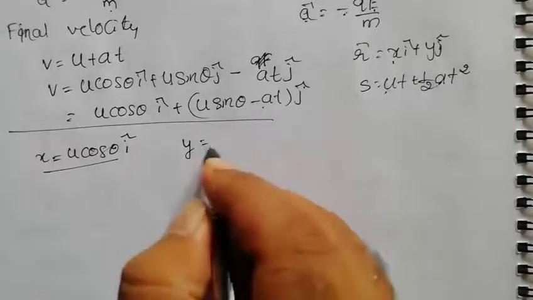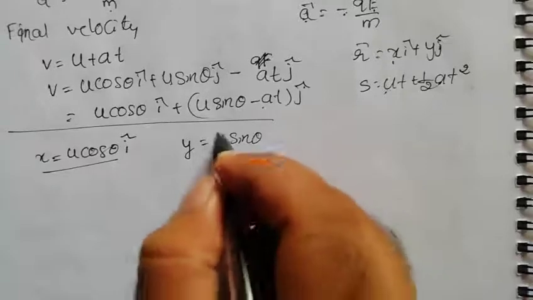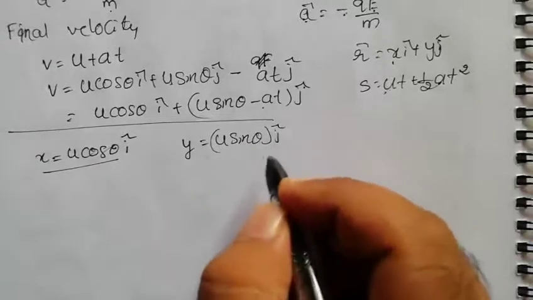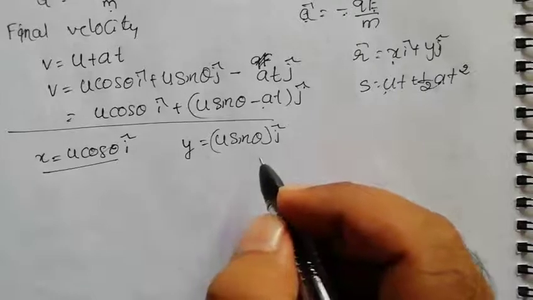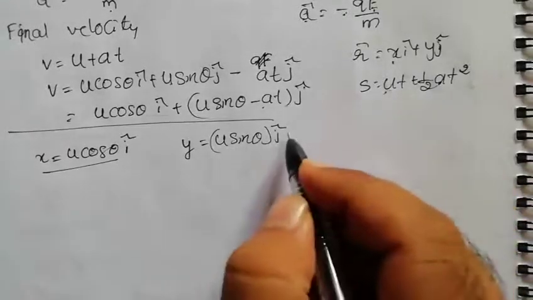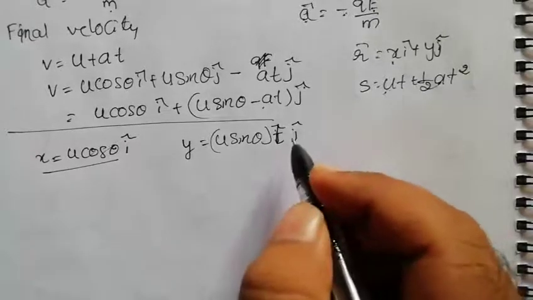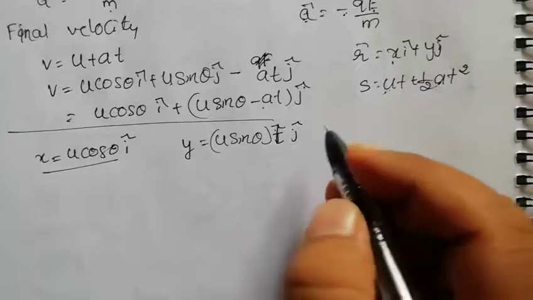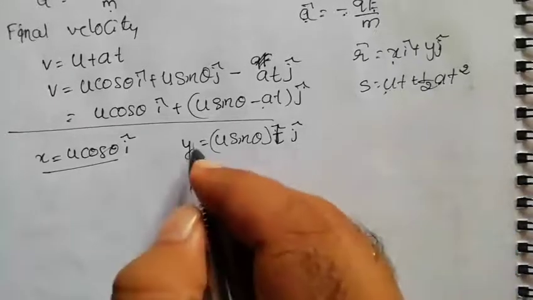Y equals again u sin theta into j cap, multiplied by time t, into j cap. This is y into j cap.